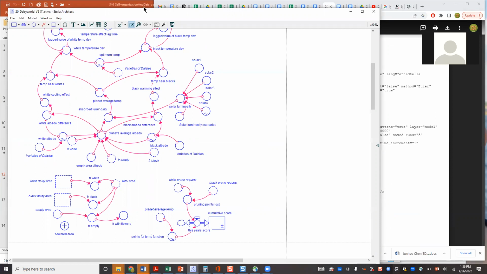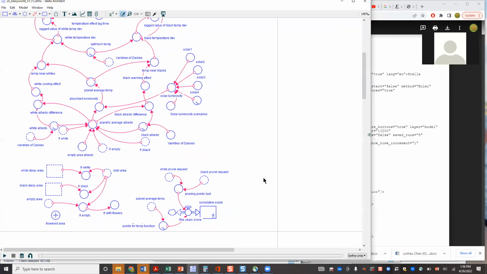And let me know if you're having any problems getting this thing open. Does everyone have it open or not yet? Yes, everyone's got it open.